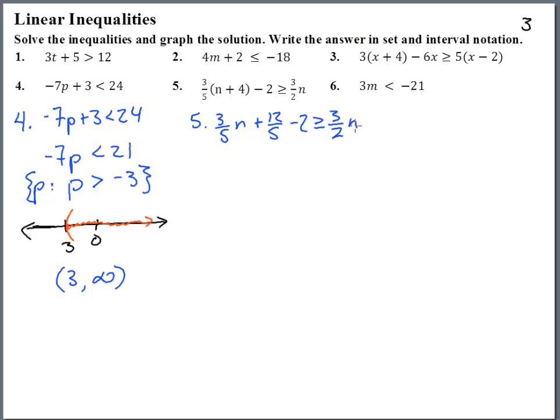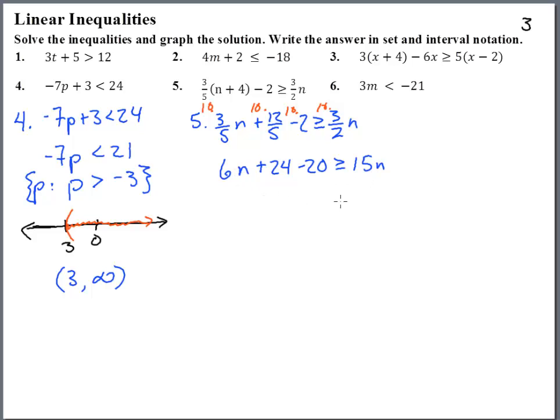I think I'd like to get rid of all the fractions there, so I'm going to times everything by 10, just so it'll look a little bit nicer. 10 times 3/5, that's going to be a 6n plus 24 minus 20 greater than or equal to 10 times 3/2 is 15n.